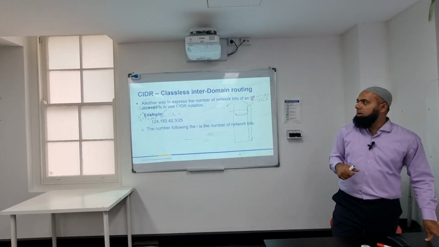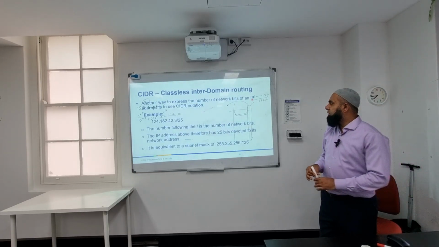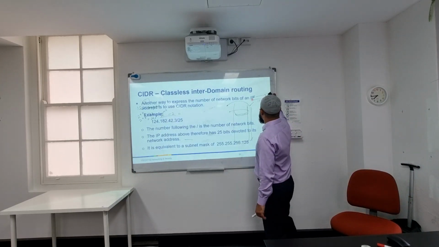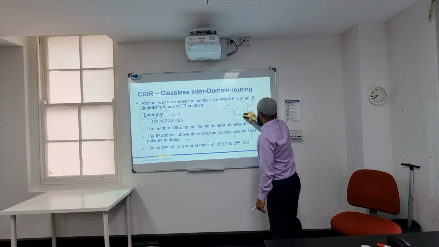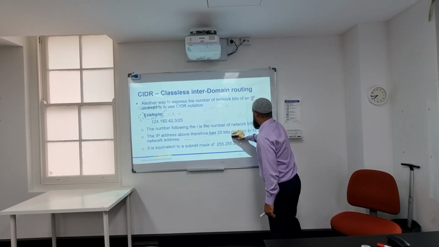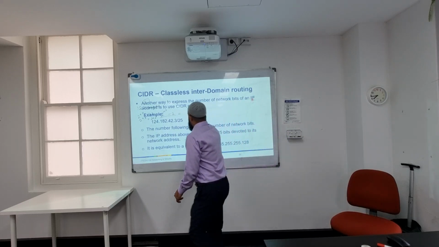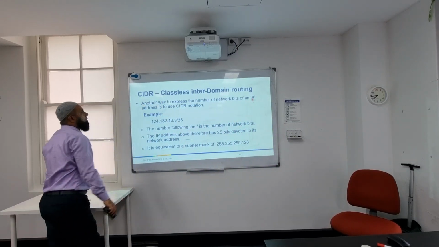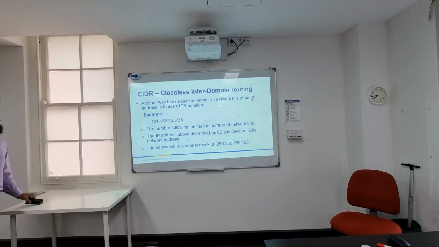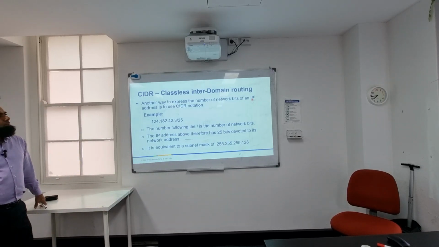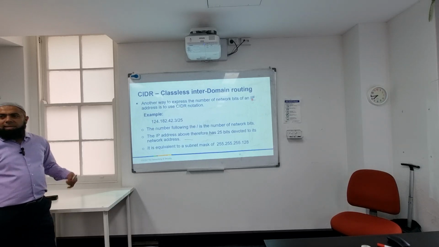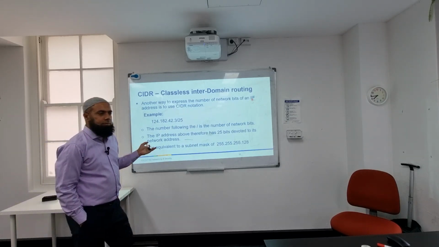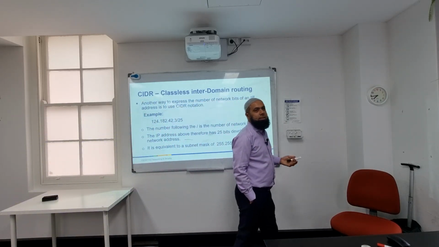Okay, come to the next concept now, which is about CIDR. That's the last part of today's session. That is classless inter-domain routing. It's actually the same thing we have learned, but another way of writing it.